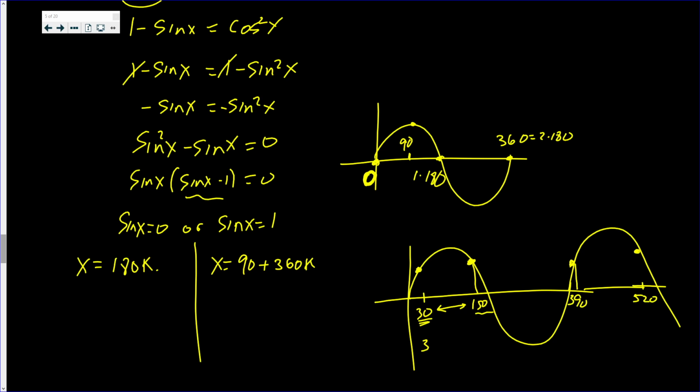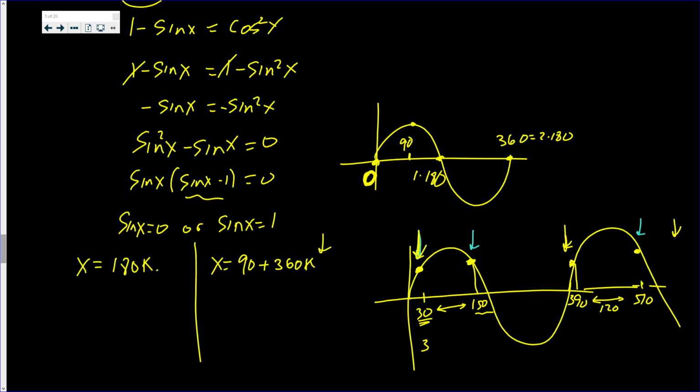In other words, I had to separate those from these. For the first ones I can say it's 30 plus 360 plus another 360, or 30 minus 360.